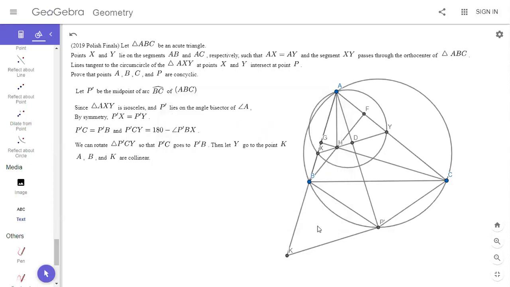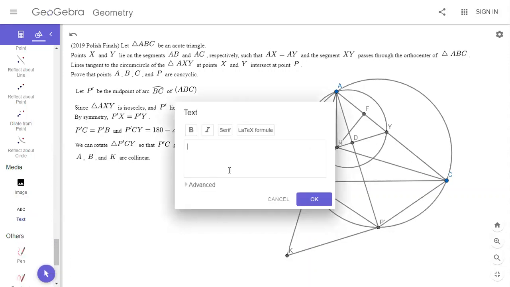And then once we know that, now I'm going to show triangle BXH is similar to triangle CYH. So that's true by an angle chase. So we have angle BXH equals 180 minus angle AXY, which is 180 minus angle AYX, which is angle CYH.